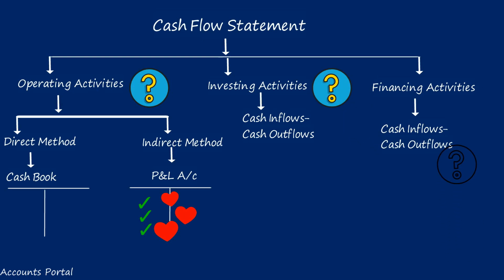Definition is very clear. For investing activity, any activity that alters your fixed assets or property, plant and equipment or long-term investment. Buying of them is an outflow, selling of them is an inflow. Any return from them is also an investing activity. Then financing activity. Any activity which alters your capital structure and return paid to them.